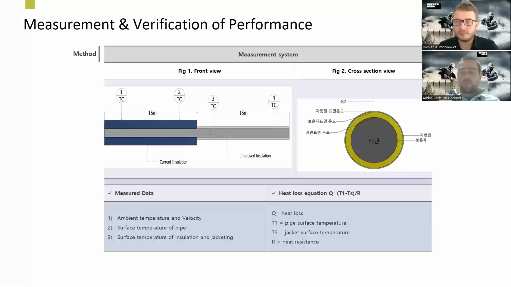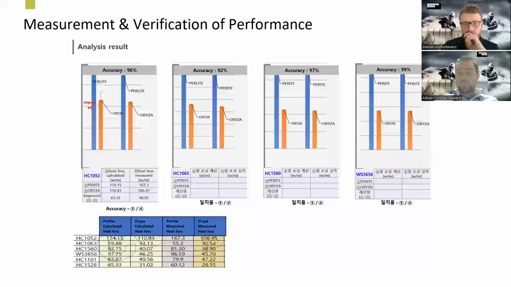So we thermocoupled 6 different pipelines, which were insulated both with traditional insulation and with optimized insulation. And we calculate based on the temperature drop on the medium inside the pipeline, the heat loss occurring on each part of the pipe segment. And we compare this to the calculation to check how well the spreadsheets and the Excel calculation match reality.